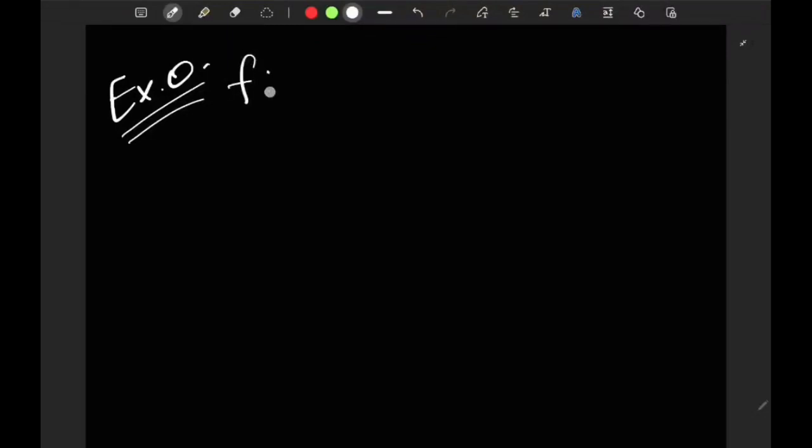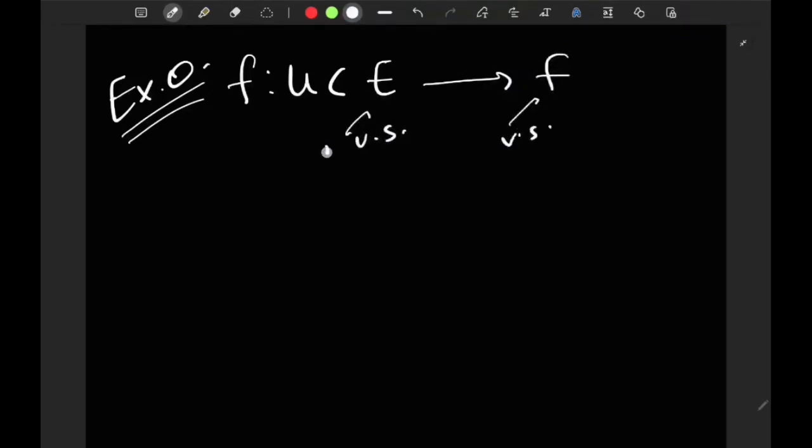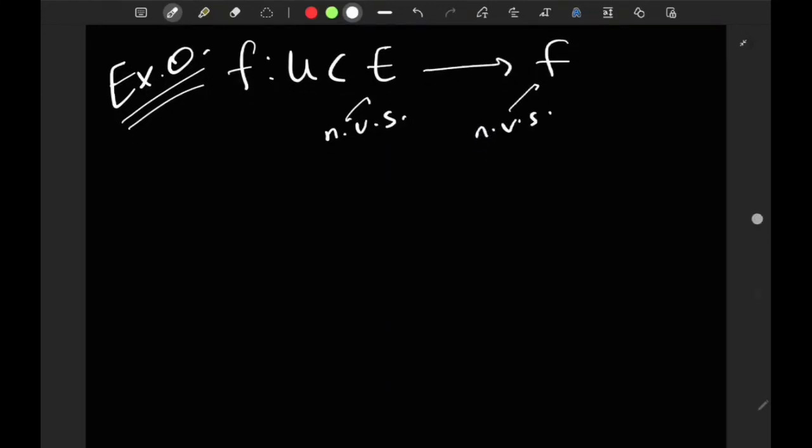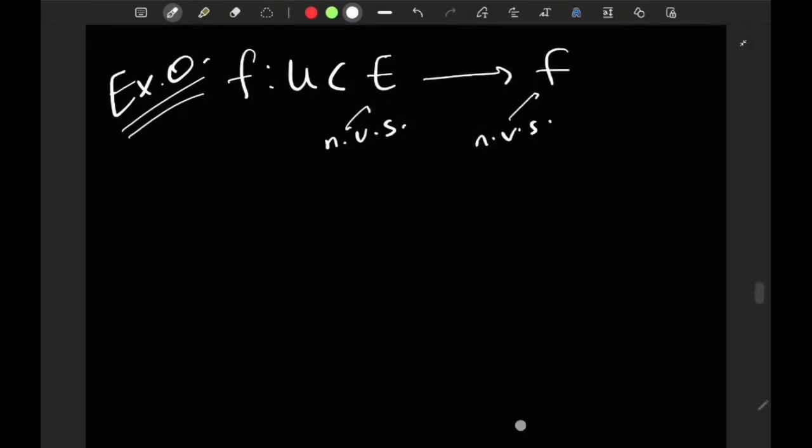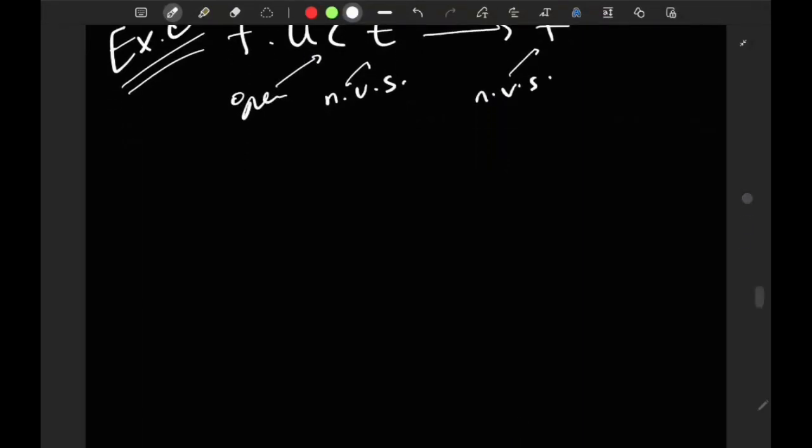So let's suppose that f is from some U subset of E into F. These are non-vector spaces, but I will now explicitly say what the norms on them are. I needed to say non-vector space because being open doesn't make sense inside a vector space generally.